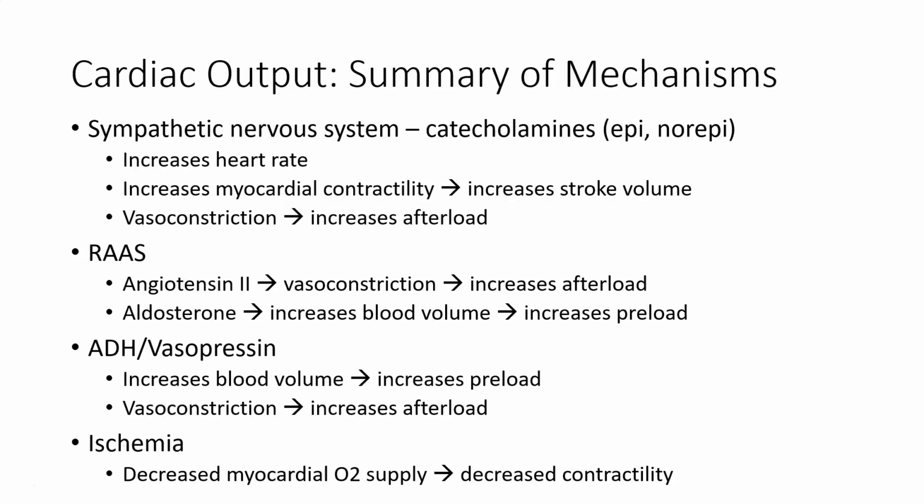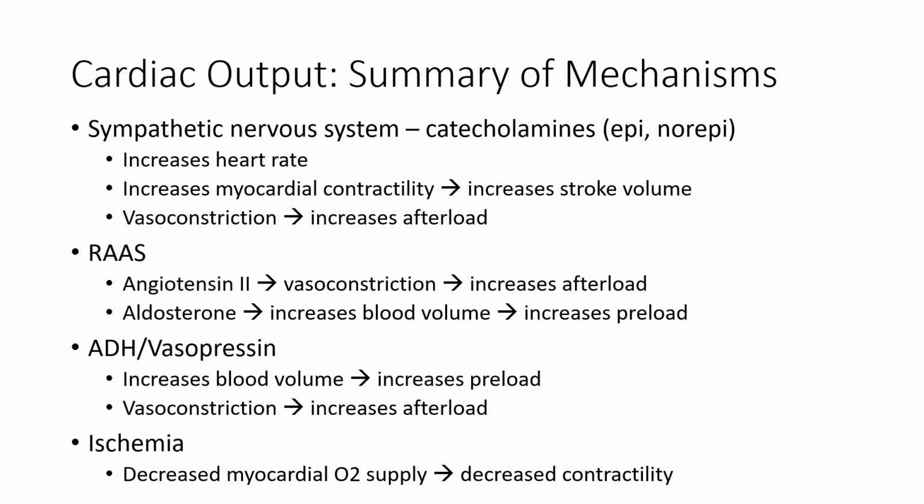So let's summarize the mechanisms that drive our cardiac output. So the sympathetic nervous system, through our catecholamines, epinephrine and norepinephrine, can increase heart rate and increase myocardial contractility. Increasing that contractility increases stroke volume.